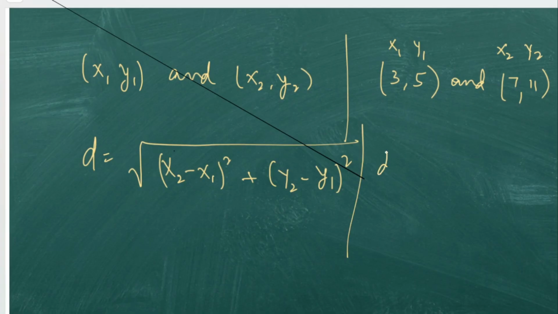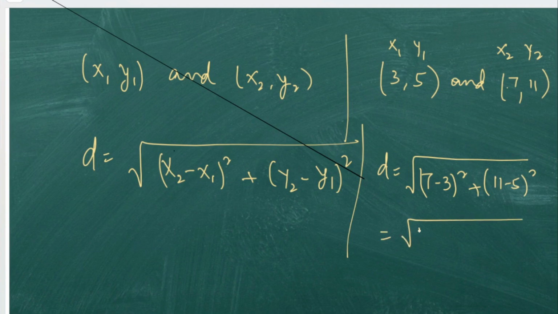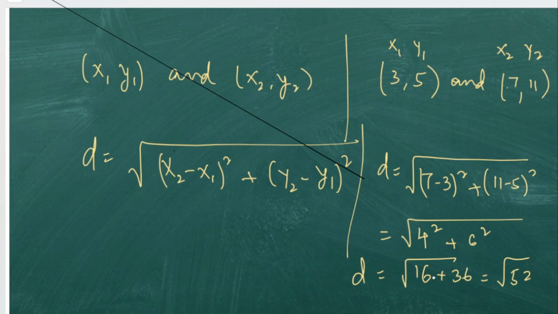So the distance is given by x2 minus x1, so 7 minus 3 whole squared plus 11 minus 5 whole squared. 7 minus 3 is 4, so 4 squared. 11 minus 5 is 6, 6 squared. 4 squared is 16, 6 squared is 36, and 16 plus 36 is 52. So the square root of 52 is the distance between these 2 points, and you can simplify root 52 further if you want to, or this root 52 units is also the correct answer.